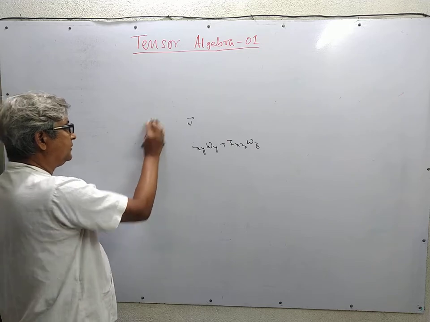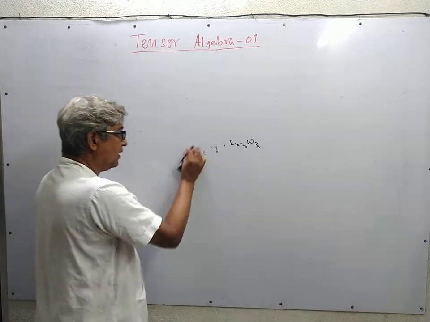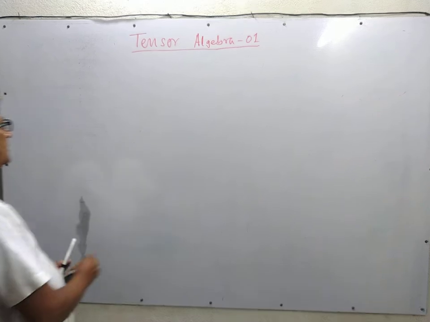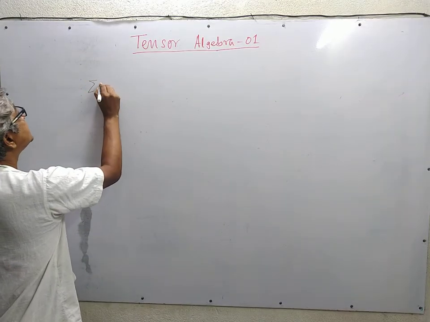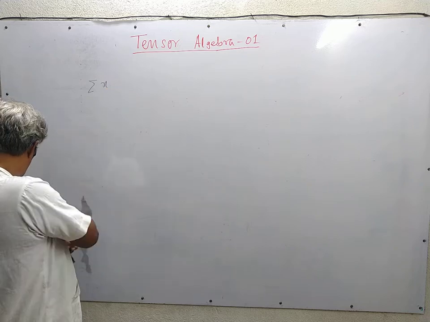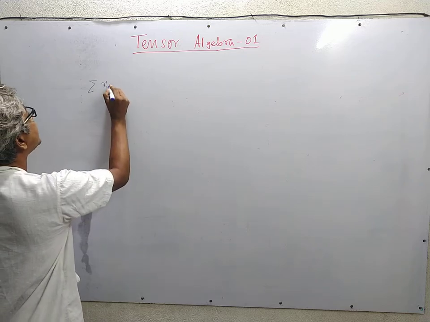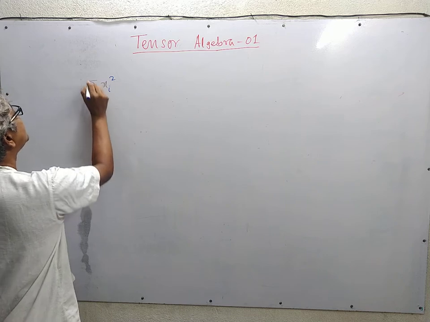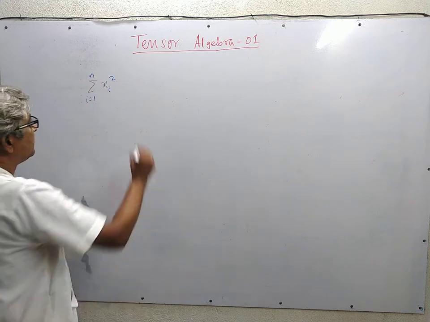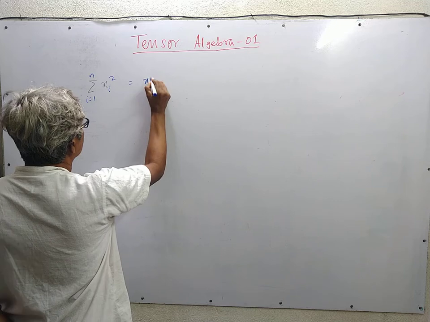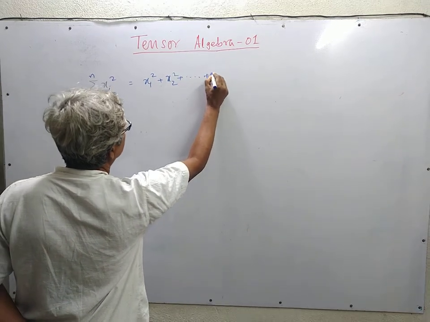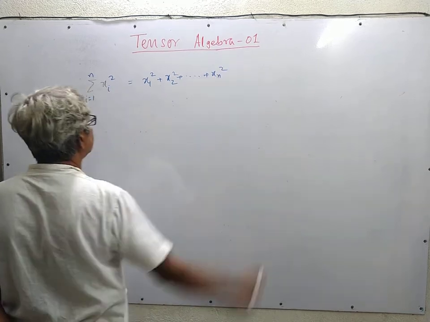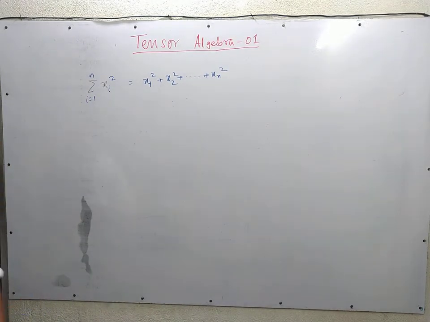So we have a quantity like this: the sum of xi square, i equal to 1 to n. That means we are to calculate x1 square plus x2 square plus x3 square up to xn square. This is the quantity that we are going to evaluate.